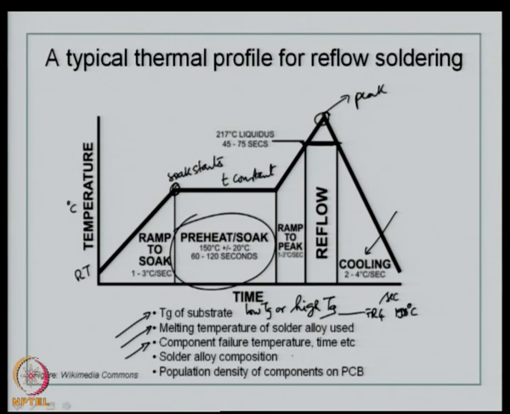The other thing is solder alloy composition and then the population density of components on your PCB. Remember, if you have a high density board, you can do reflow soldering. Parts of it can be done by manual soldering like your through hole connectors and a few through hole components, and you can do double reflow, that is, if you have double sided assembly, then the board can be subjected to twice reflow.